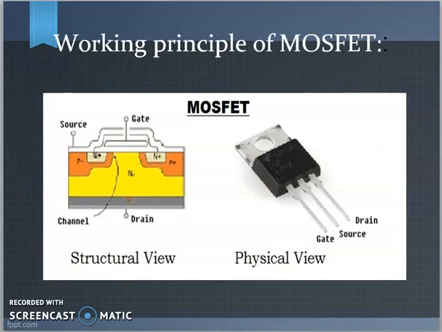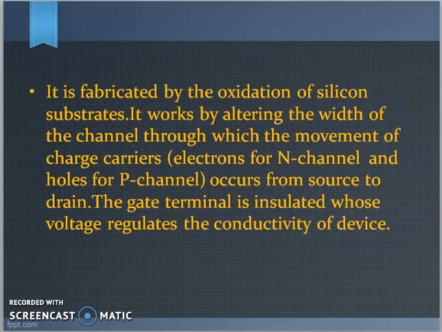Here you can see the structural view of MOSFET and how physically it looks like. Here you can see the three terminals: gate, source, and drain. It is fabricated by the oxidation of silicon.